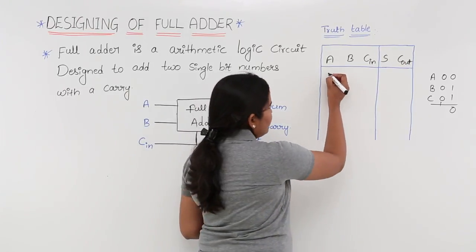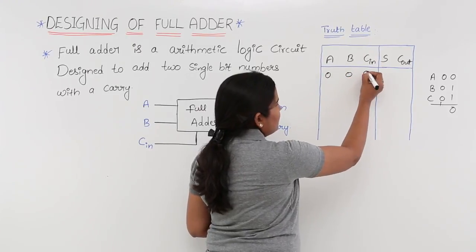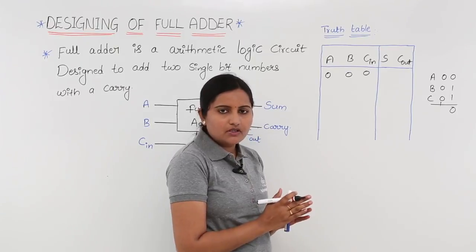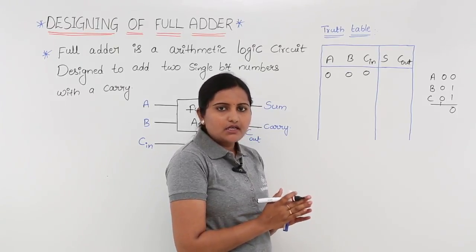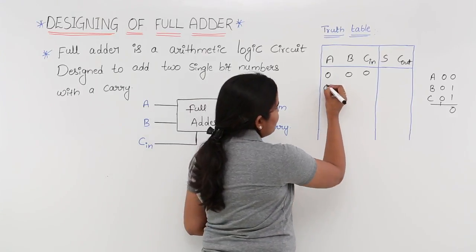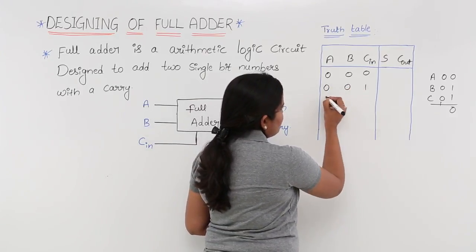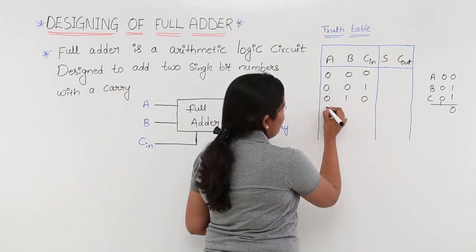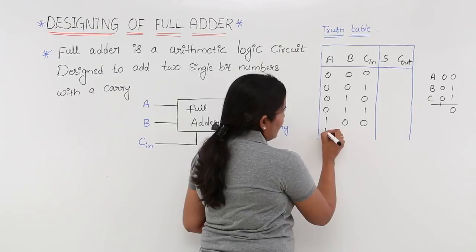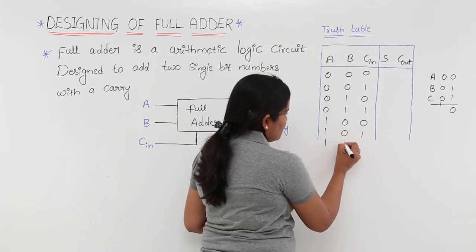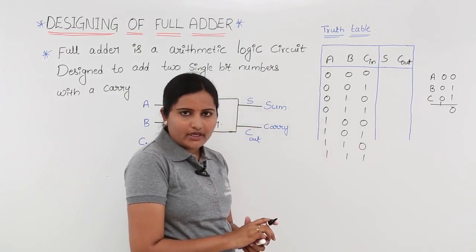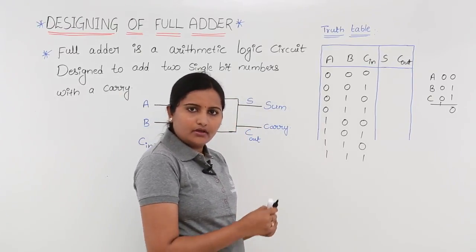Whenever you take input bits, you must take all the combinations. So here we have 0 0 0, 0 0 1, 0 1 0, 0 1 1, 1 0 0, 1 0 1, 1 1 0 and 1 1 1, which are all the possible combinations for 3 input bits.